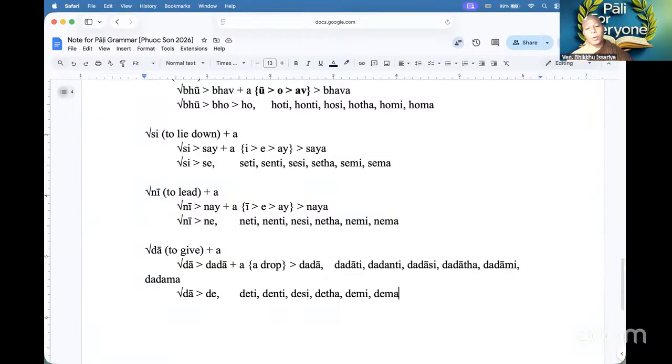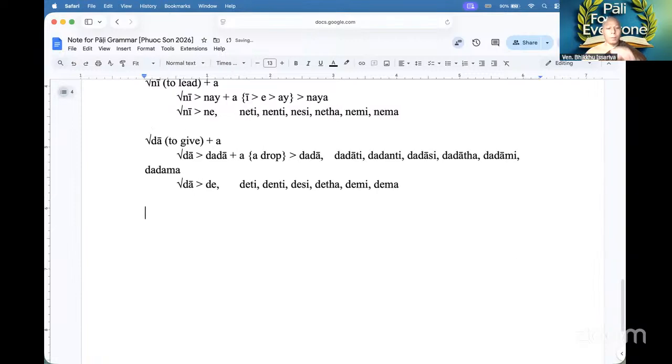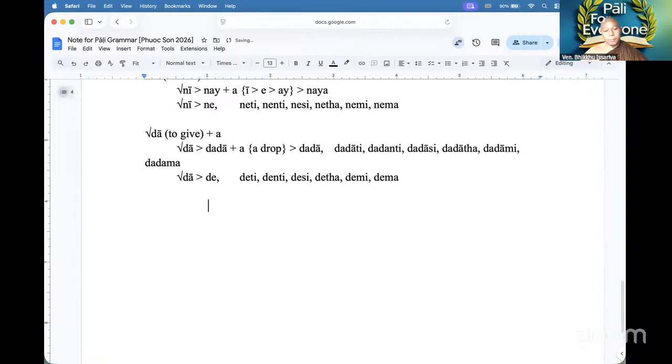Okay, so in the chat one student, Lenya, asked a question. Actually this bhavati is commonly used in the sense of he is.